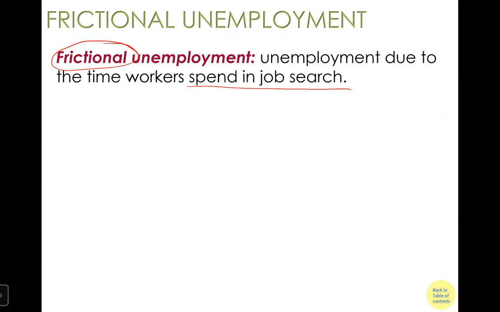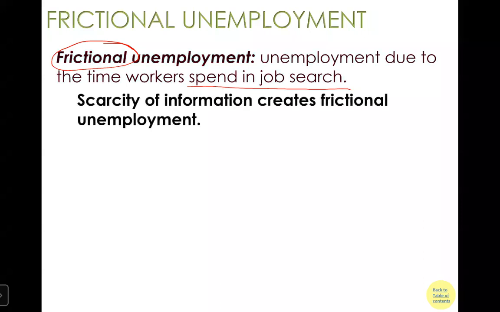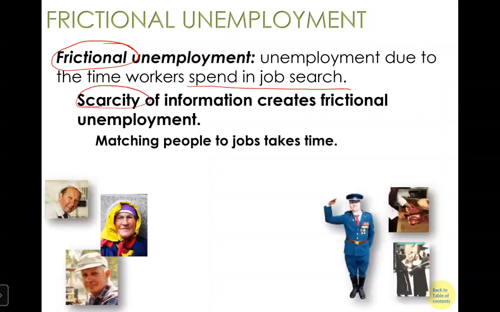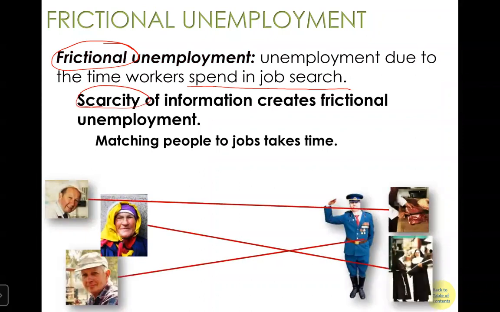And usually it's called temporary unemployment. But generically, this is caused by scarcity of information. This scarcity leads people to take time to find out what they like, what they are good at. Like this background picture shows, there are three individuals, each of them has a different personality, different advantage, different passion.